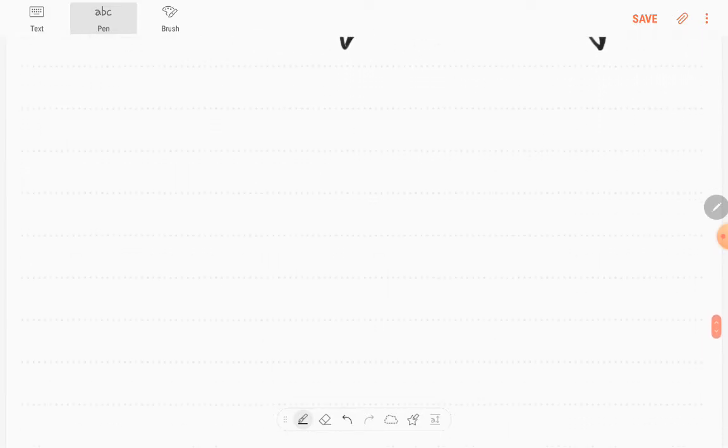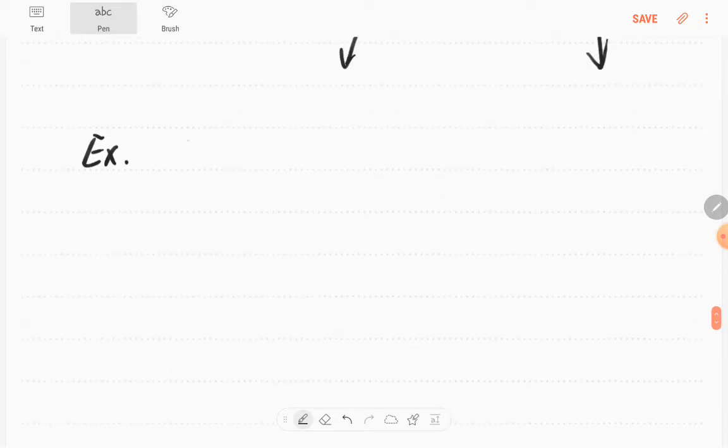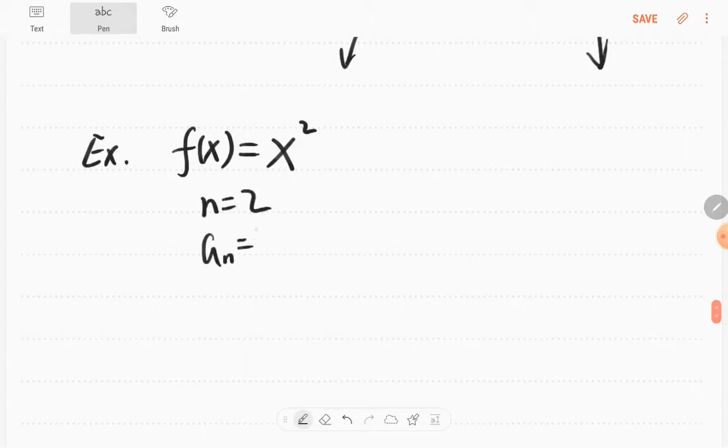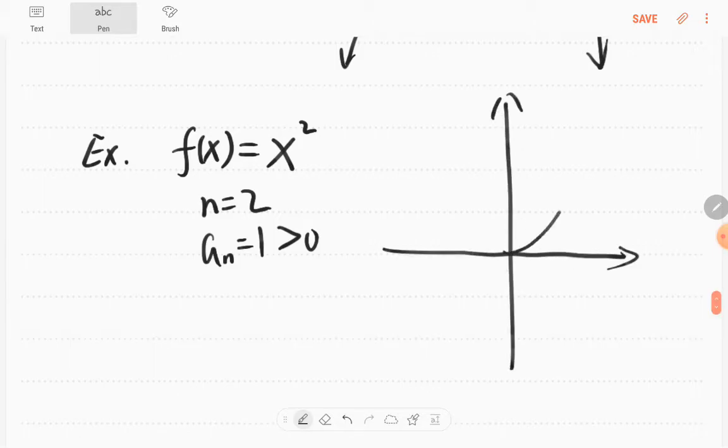A typical example for this kind of even number degree is f of x is x squared, right? So here n equals 2, a sub n equals 1, so greater than 0. So we know the graph looks like this one, right?